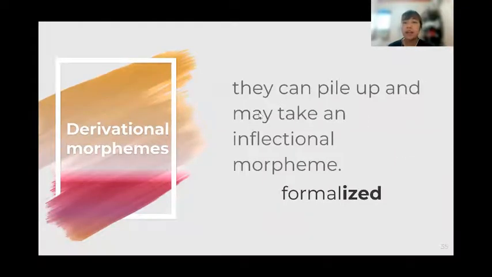So they can pile up and may take an inflectional morpheme. So for example, formalize is already a verb, as we said. So formalize, IZE is derivational, and then D. When we added D, this is the past tense. Formalize is a verb, let me annotate so we don't get confused.